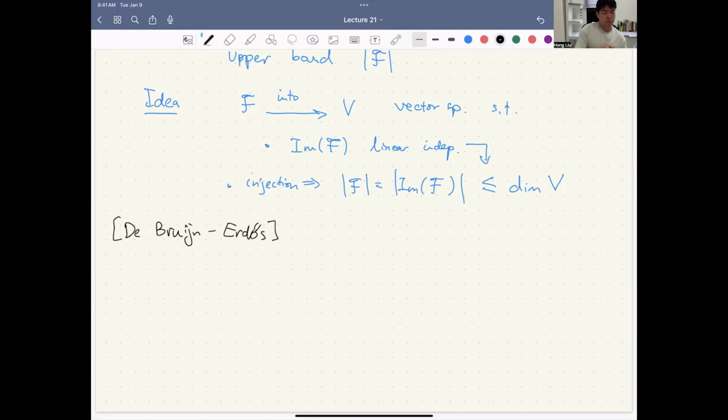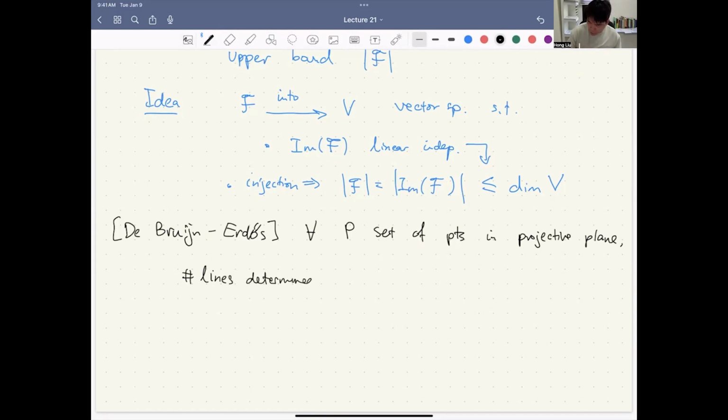So if you have a projective plane, let me recall, for any set of points, P, a set of points in some projective plane, then the number of lines determined by P, this just means, I'll draw an example, this is P, right?